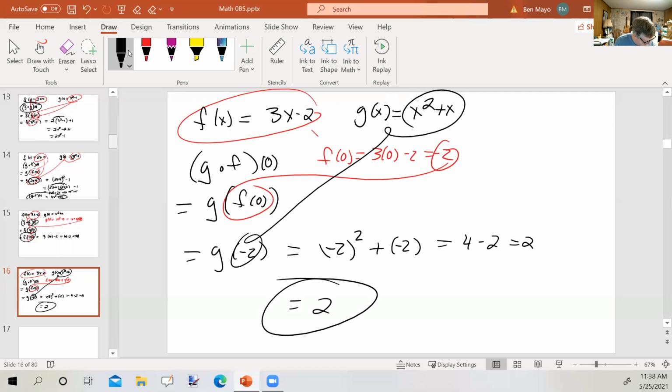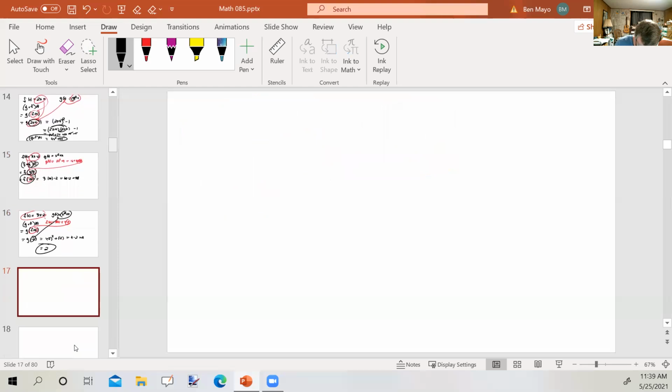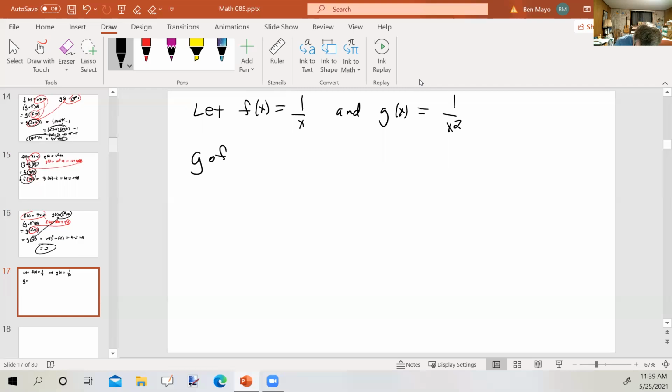Okay, let's see here. How about this one? Let f of x equal 1 over x and g of x equal 1 over x squared. Find g composed with f of 1/3. G composed with f of 1/3 equals g of f of 1/3.